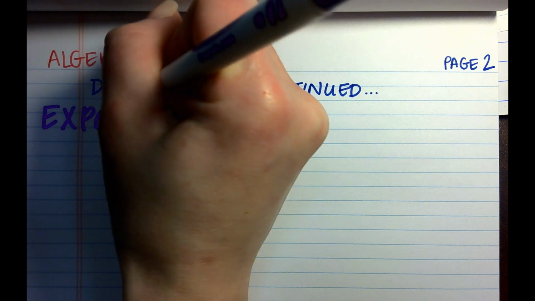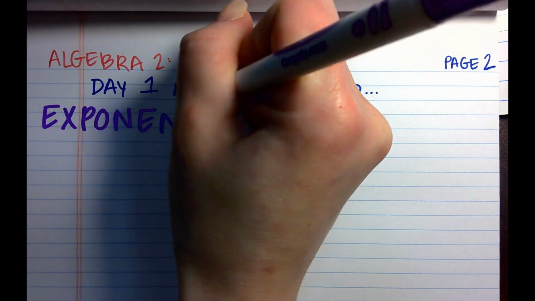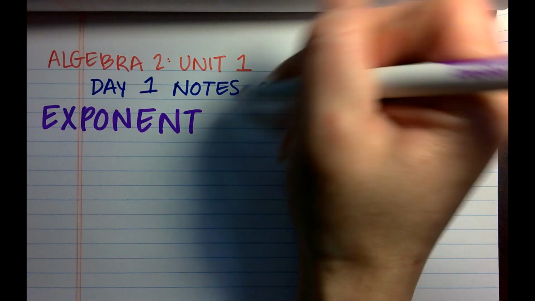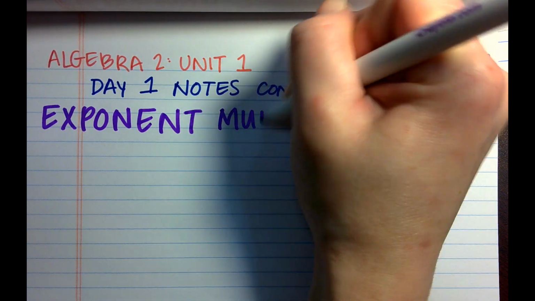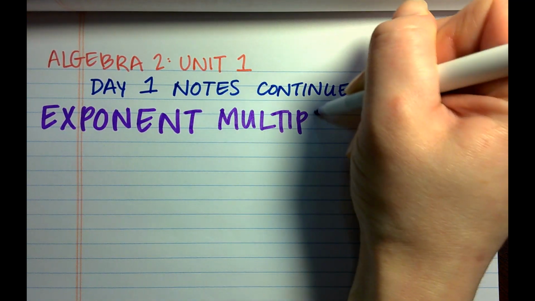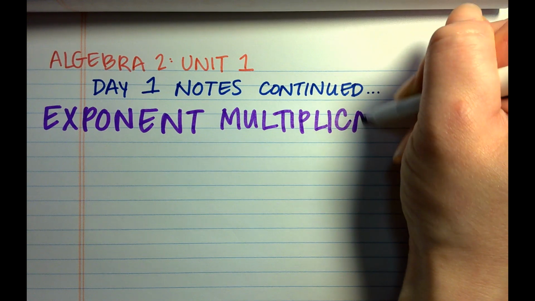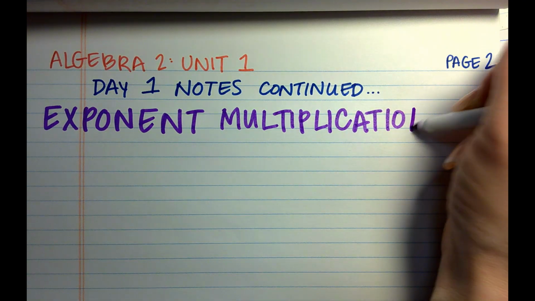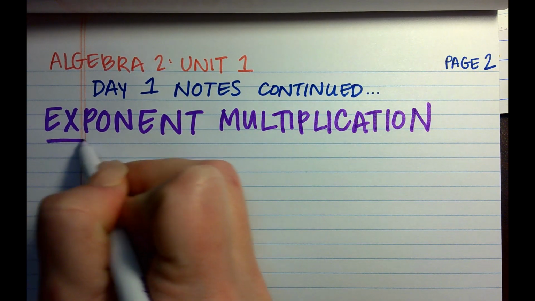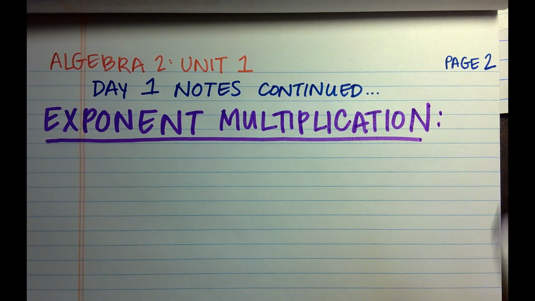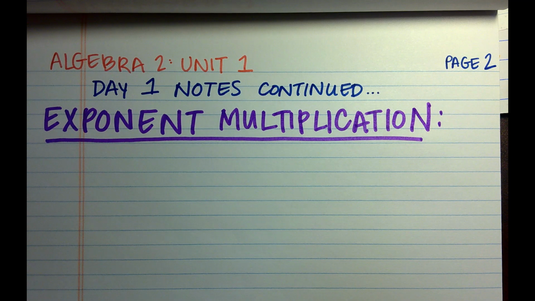Exponent multiplication. And underneath this title, I'm going to write a little formula. That may make a bit more sense as we move forward. It might make sense as soon as you see it.